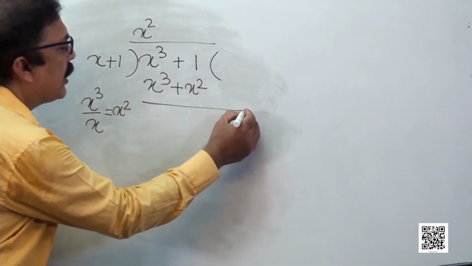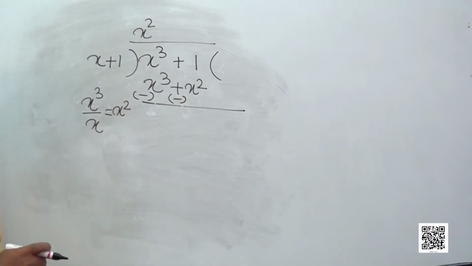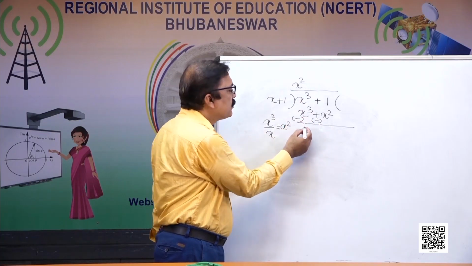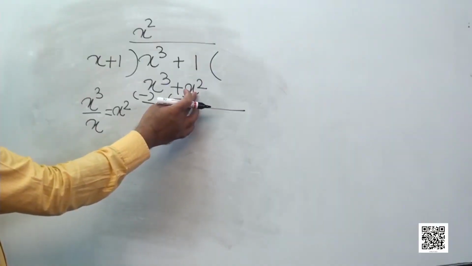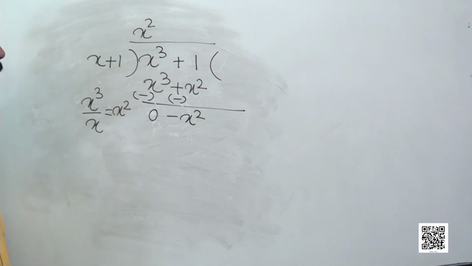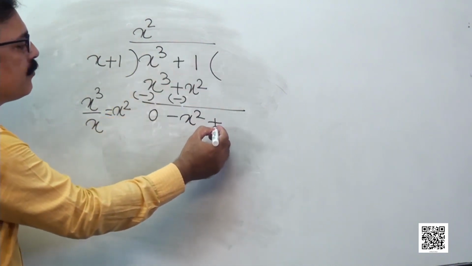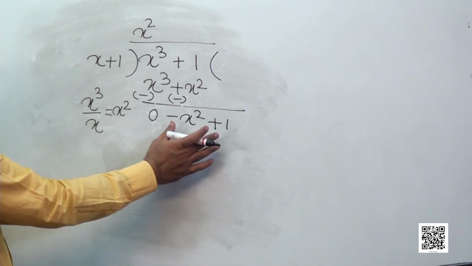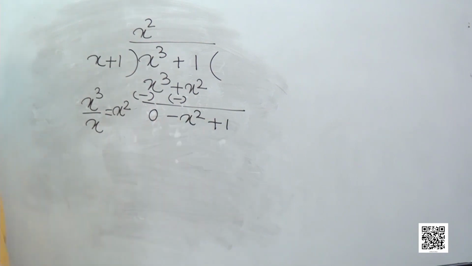Now subtract it. To subtract, we have to change the sign. So x cube minus x cube gives 0, and here we have minus x square. And we have to write the rest part of the dividend, that is plus 1. Here the new dividend is minus x square plus 1.